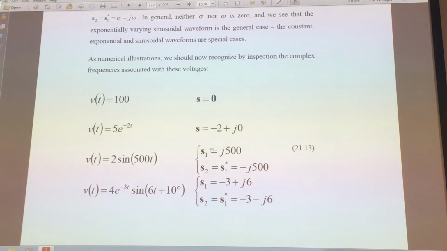Now if we have the most complicated signal, which is the exponentially decaying sinusoidal signal, both real and imaginary parts of our complex frequency are present. They are not 0.